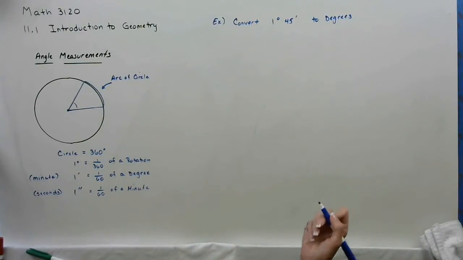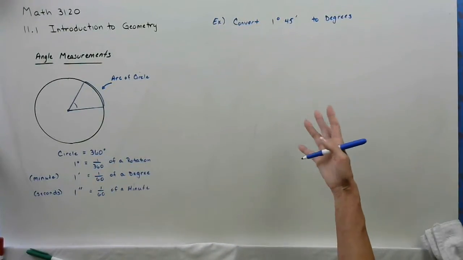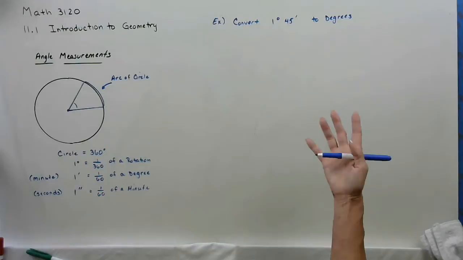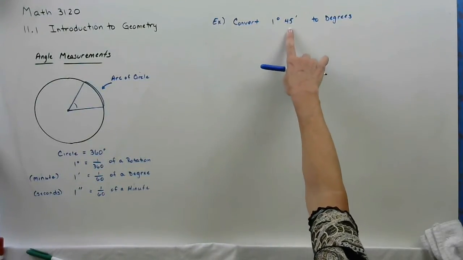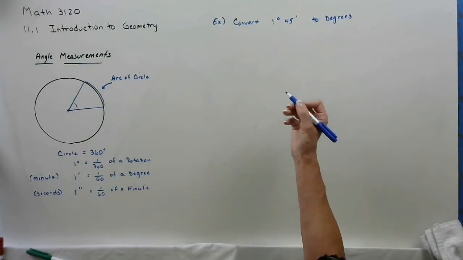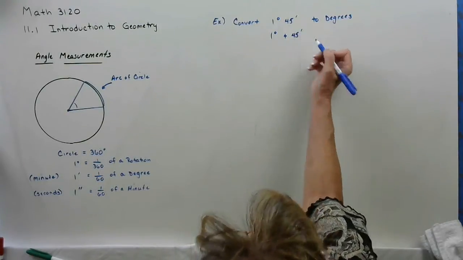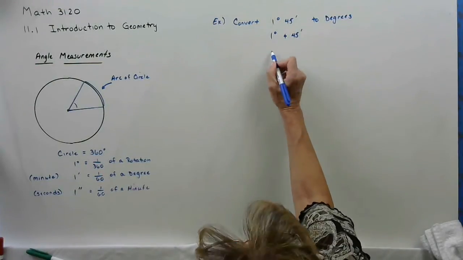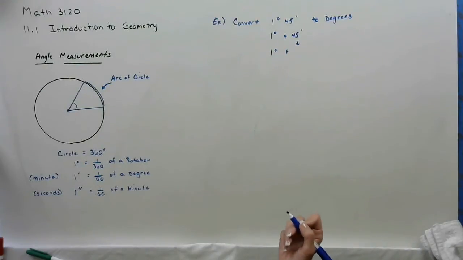So we want to know how many degrees do we have total. So I'm going to break this up like you would kind of a math problem. Notice I know this is a math class, but think of it as a mixed number problem. I know I have 1 whole degree, so that part's already done. I just need to convert the minutes to degrees. So notice I'm going to rewrite this like a mixed number problem. I have 1 degree plus 45 minutes. So I still have 1 degree, but let's change these minutes to degrees.